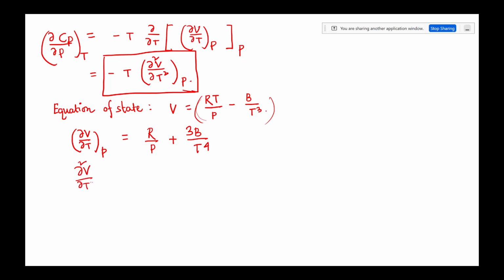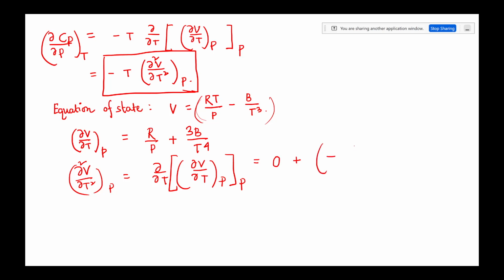Del 2 V del T 2 at constant P is del T of del V del T at constant P. Here we differentiate with respect to T keeping P fixed. There is no T in the first term, so that will be 0, plus here this will be minus 12B T to the power 5.